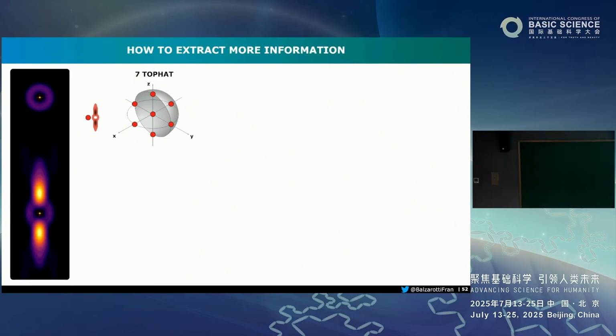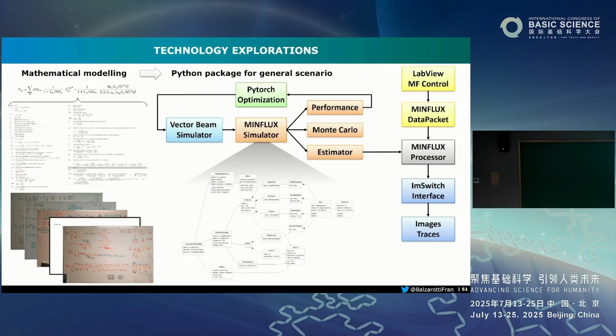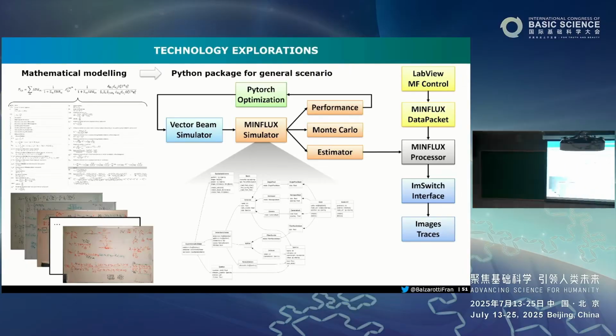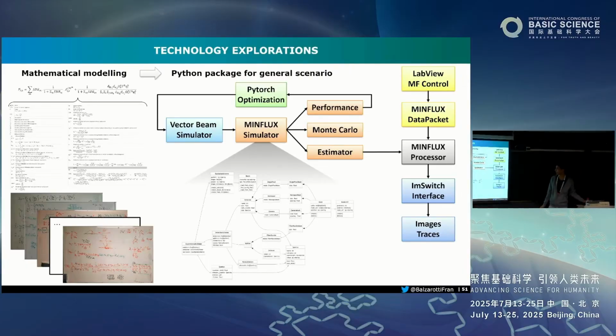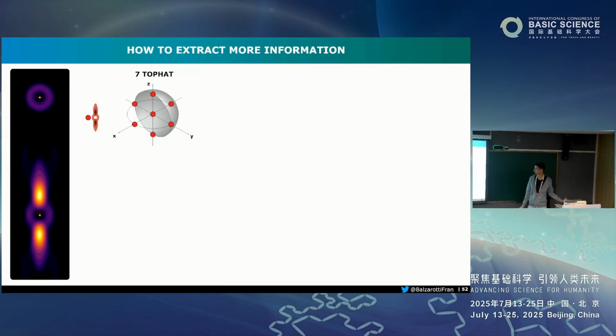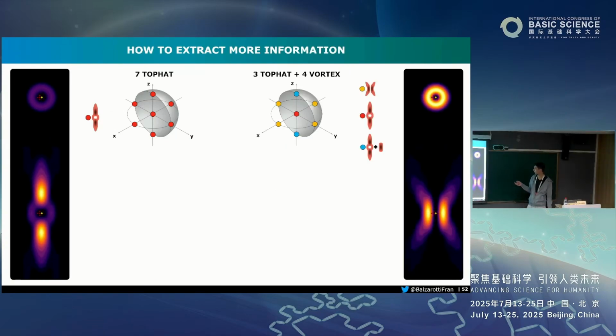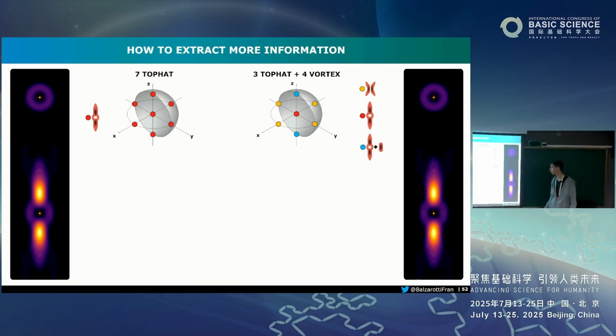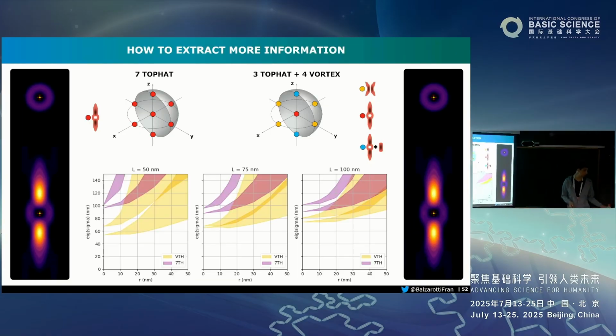And this is what feeds the processing package that takes the data from the microscopes and finally renders data. A simple example of this is that if instead of using the same beam, you just mix the beam shapes, use these vortex beams and then the top hat beams in the axial direction here, your performance can really improve.